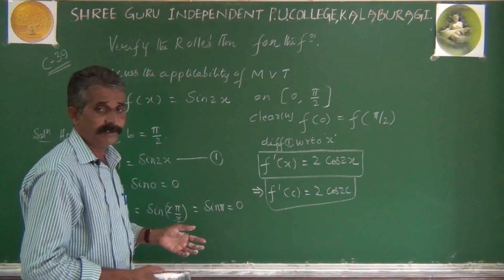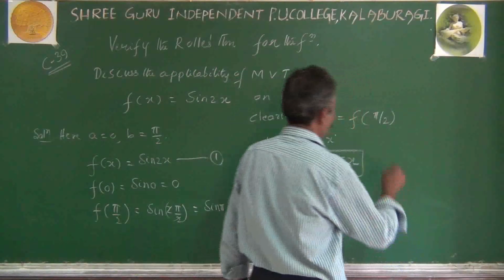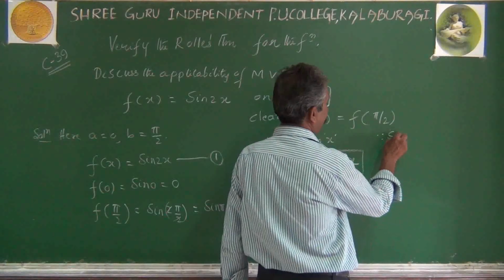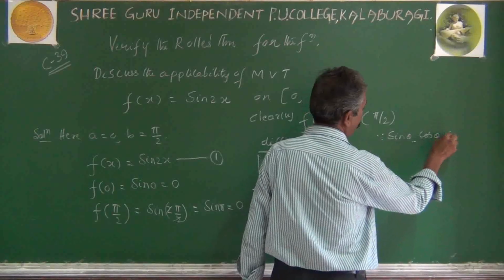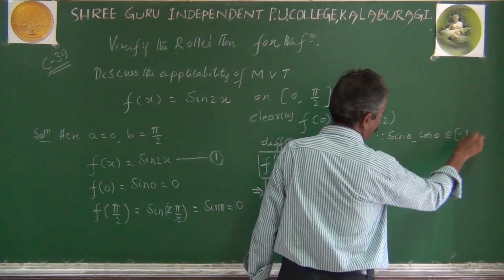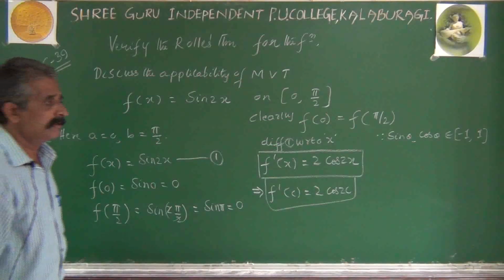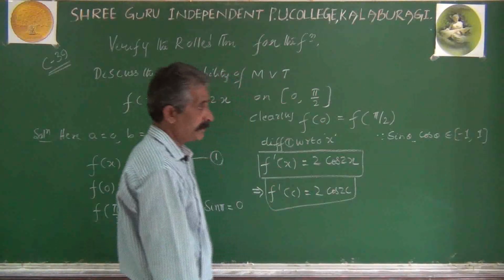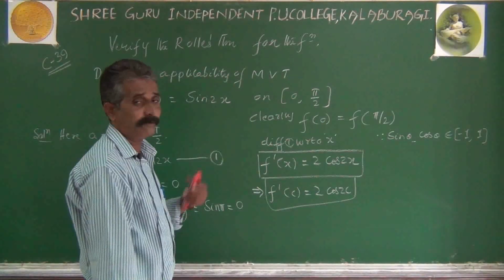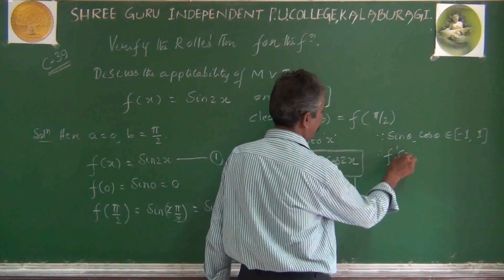That's why very easily we can tell that f dash x exists, since sin theta, cos theta always belong to the interval -1 to +1. That means cos 2x also belongs to the interval -1 to +1. Hence, definitely f dash x exists.